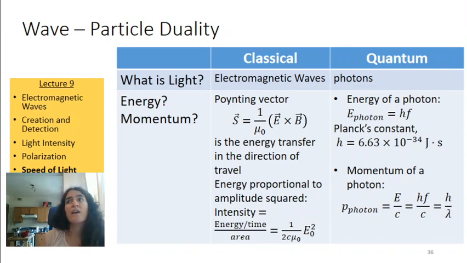We know that gamma rays and X-rays have a much different impact on matter than radio waves and microwaves, right? That's because the photon energy for gamma rays and X-rays is very large, because these are higher frequency photons, which means they have a greater ability to ionize matter.